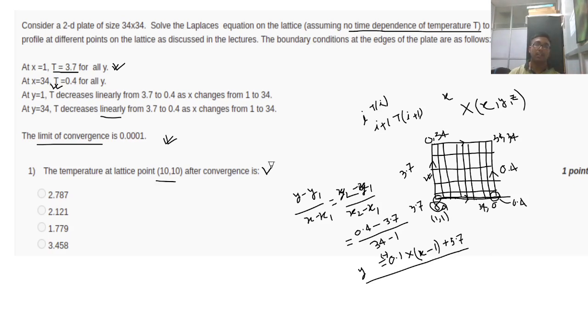So until the convergence criterion is reached, we have to continue iterating the solution of the Laplace equation starting from these boundary conditions, and we can assign the values within this plate to be 0 for the temperatures at the points except the points at the boundary.